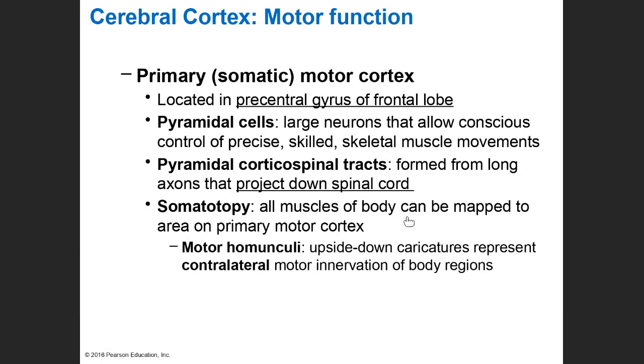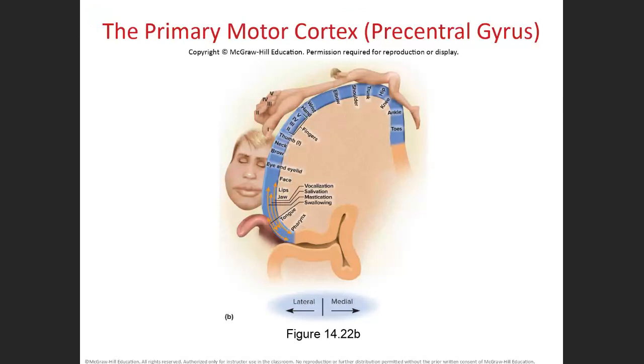You can map out every single muscle group of the body to be existing in specific parts of the precentral gyrus. So it's kind of interesting. So let's take a look at that. When we're talking about motor function, we also call this the motor homunculus, or motor homunculi. All right, now let's just take a look at that.